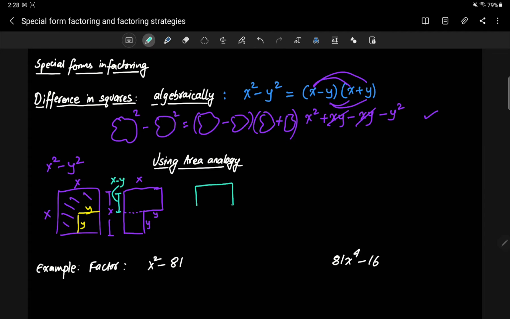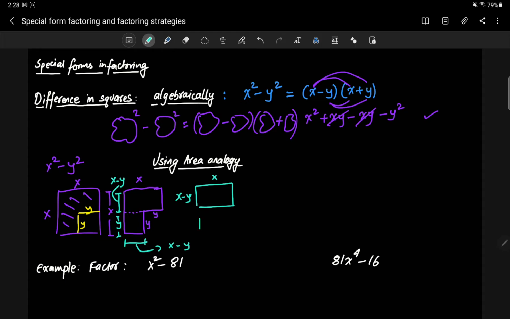So this is actually one long rectangle with sides x and x minus y, and it is this other rectangle which is y. So this length is y, and what is this length? If you look, this length is x minus y.